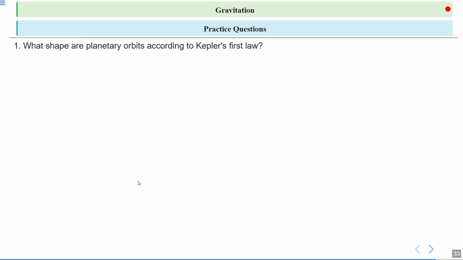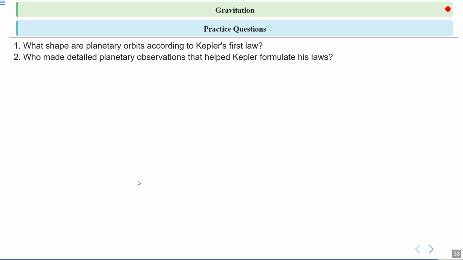Now we have some practice questions. First, what shape are planetary orbits according to Kepler's first law? Who made detailed planetary observations that helped Kepler formulate his laws? The point of a planet's orbit closest to the sun is called what?